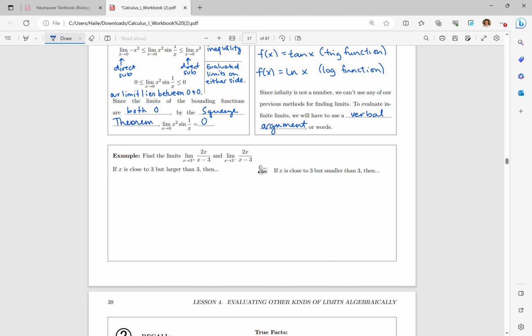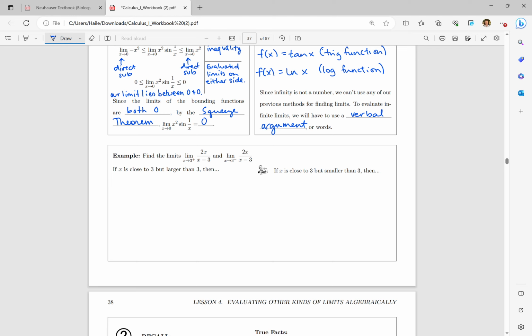So for example, let's find the limits. The limit as x approaches 3 from the right of 2x over x minus 3, and the limit as x approaches 3 from the left of 2x over x minus 3. So we'll start with from the right. So if x is close to 3 but larger than 3, so that's the meaning of this limit notation right here. We're choosing x values very, very close to 3 but larger than 3.